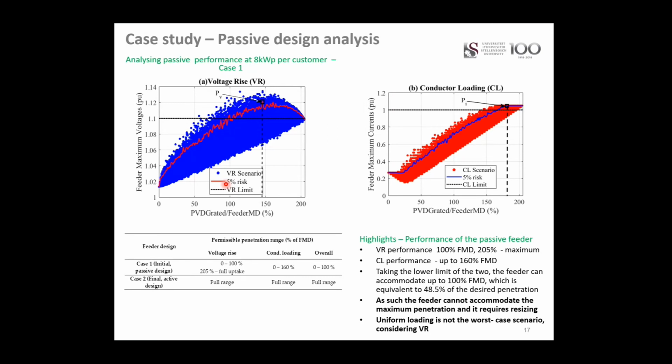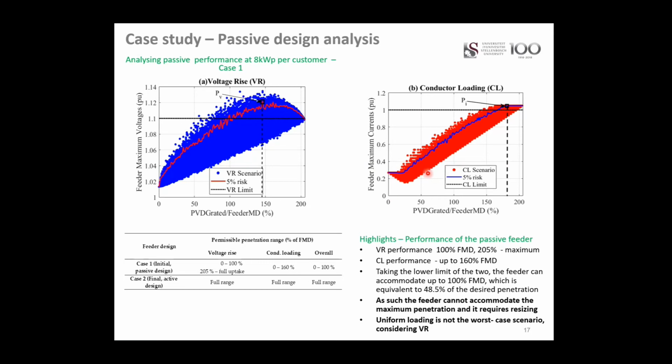So something to note here. These scatter plots illustrate the voltage performance in terms of your feeder maximum voltage, on your left. On your right, you have your conductor loading in terms of your feeder maximum currents. These two scatter plots are the very ones that we use in our process.